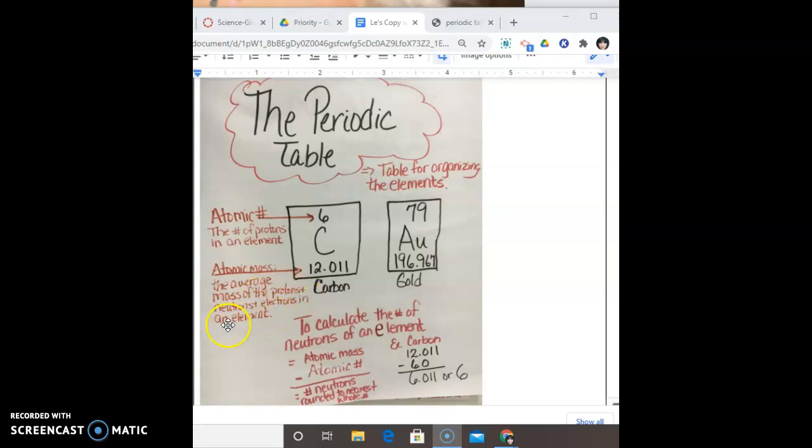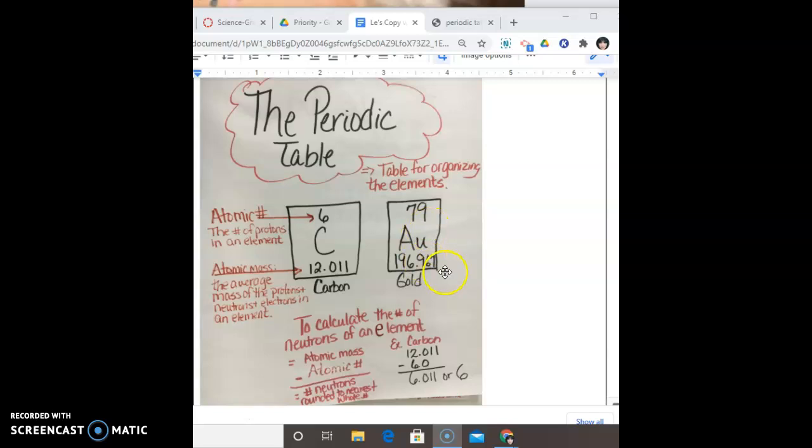Don't get confused with this last part, because this is going to go deeper a little bit later. What I need you to understand here is that the atomic mass number is the number of protons plus the neutrons, period. If you can remember that, you'll be able to calculate neutrons when you need to. And I'm going to show you how to do that in just a few minutes.